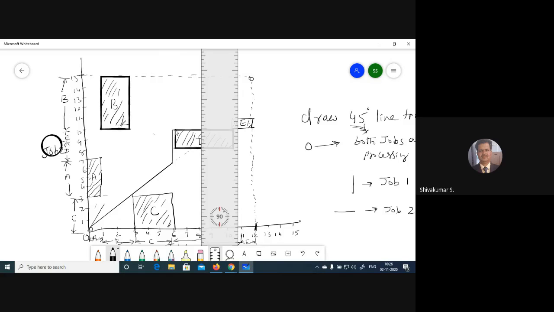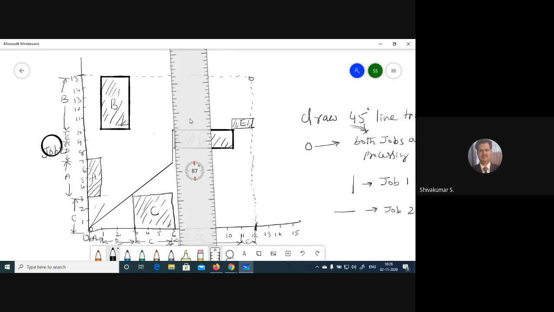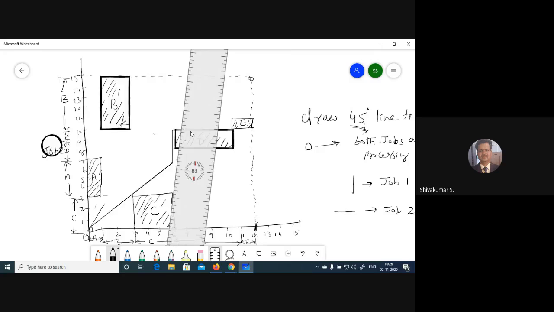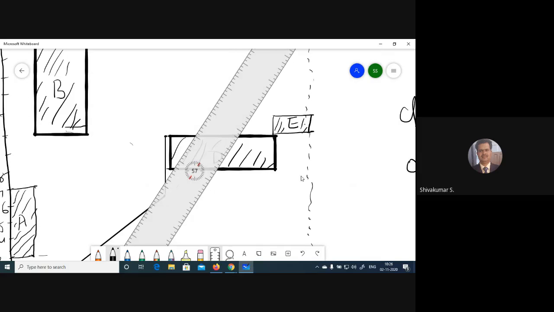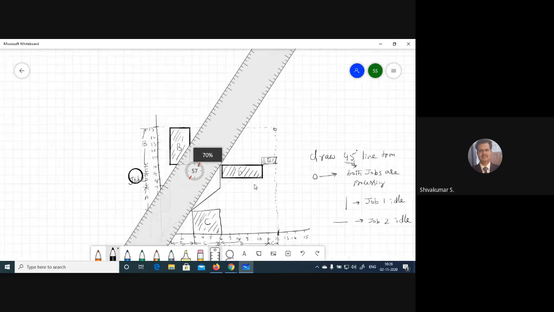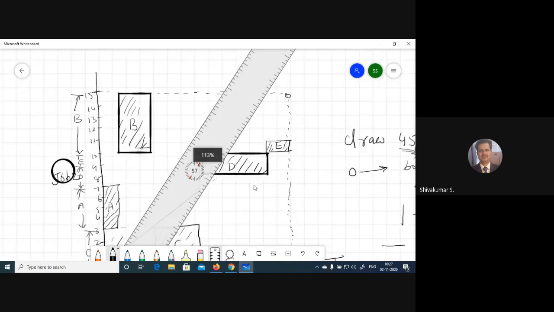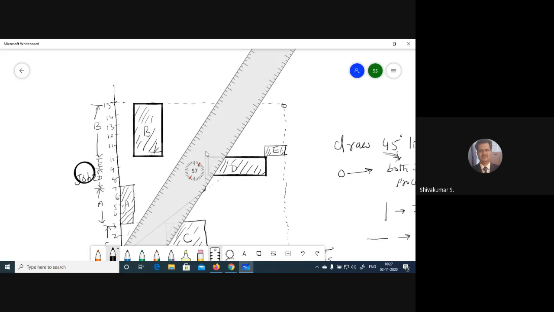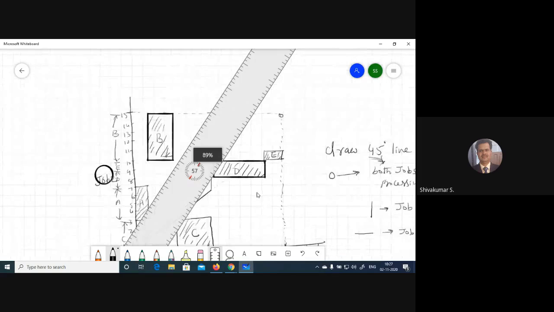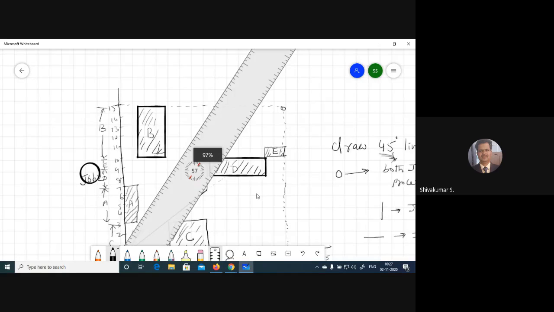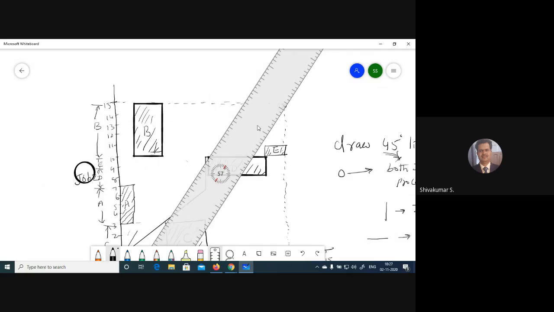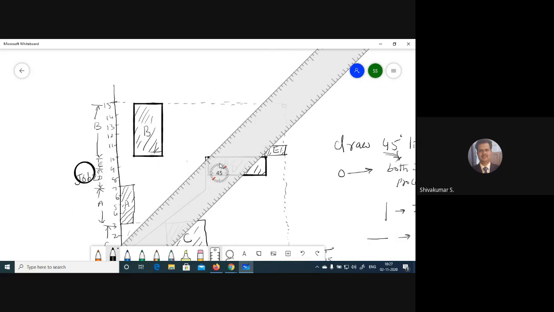From here you can draw once again a 45-degree line.